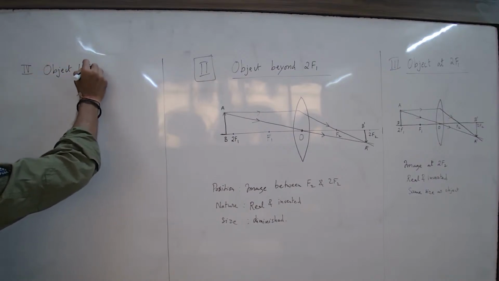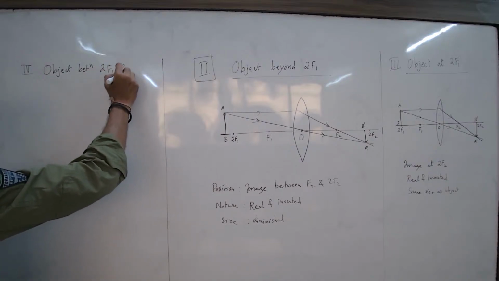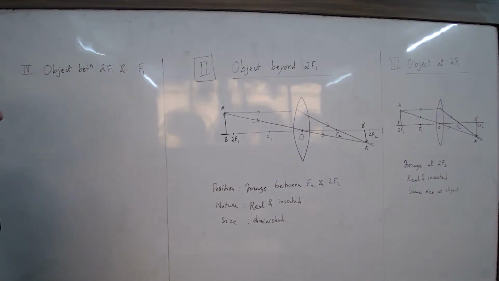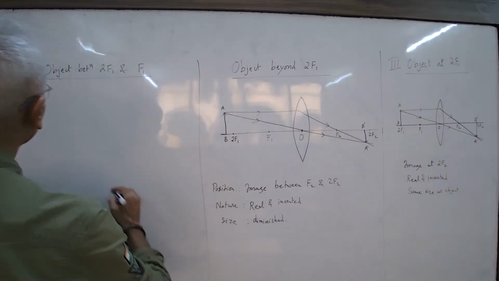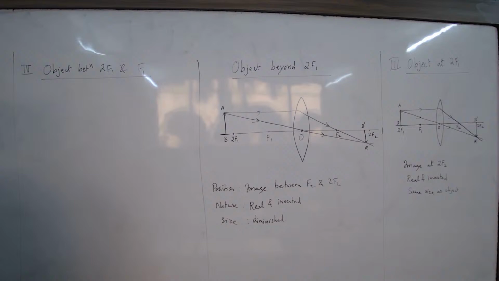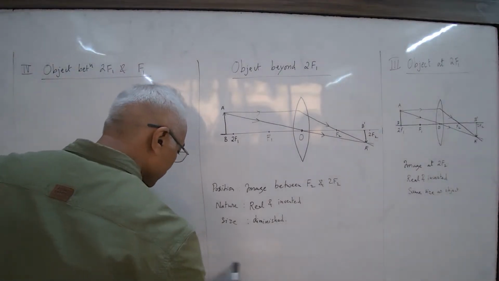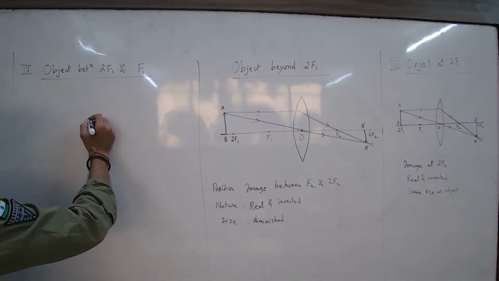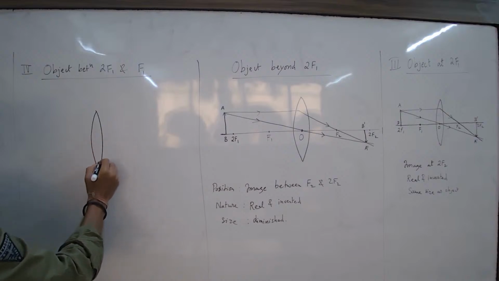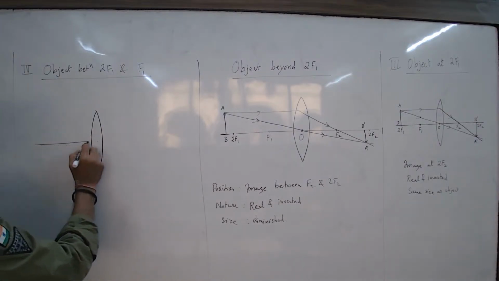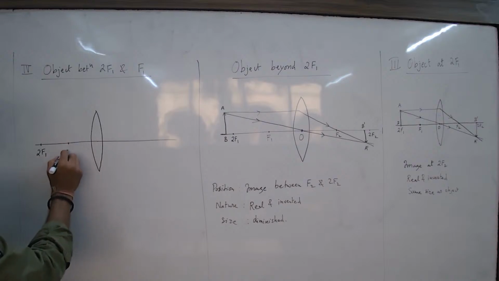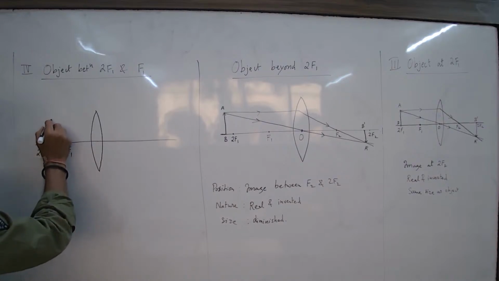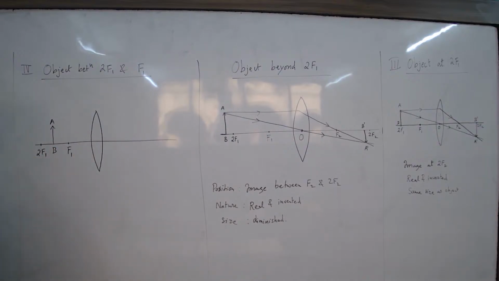Object between 2F1 and F1. Now the image is here and the object is here.